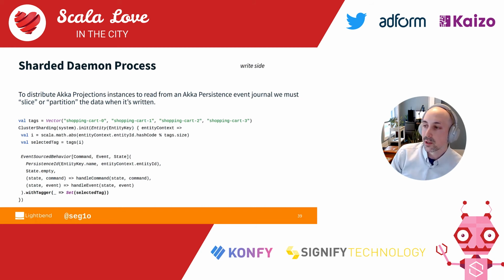So we first need to modify how we persist data, and we have to create these slices as tags, and define the same number of tags as the number of projection instances we want to run. You have to define this beforehand. It's similar to defining the partition number for a Kafka topic.